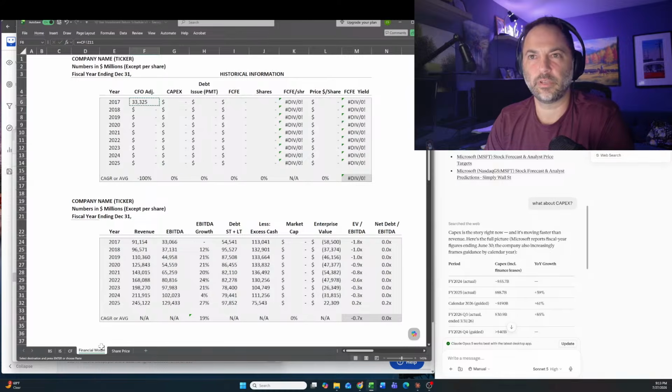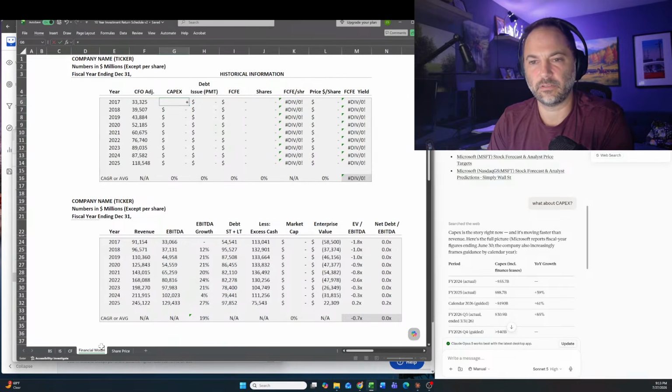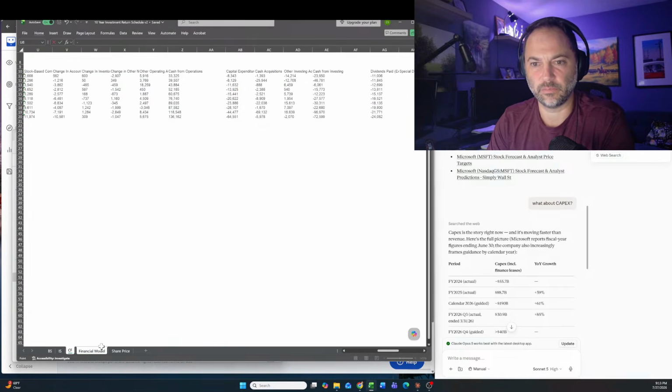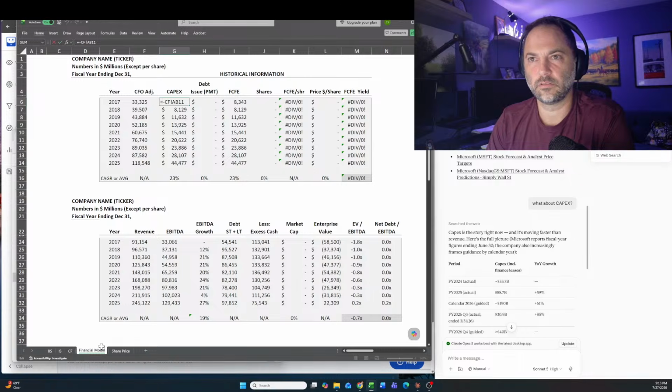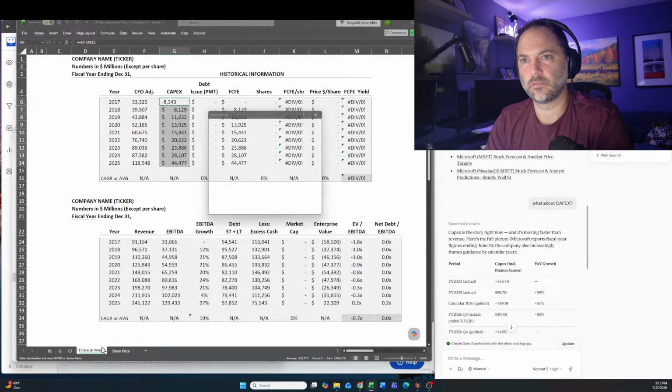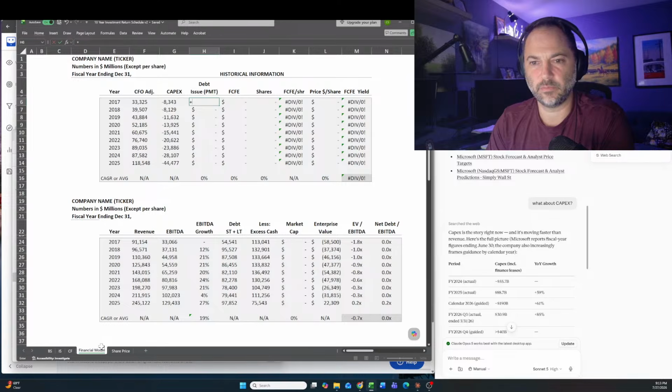Cash flow operations. Here's your CapEx. That's the biggest one everyone's concerned about right now. Short-term debt payments.